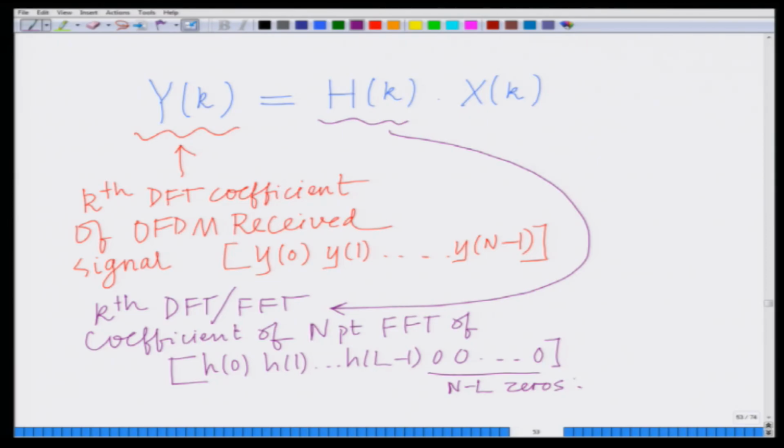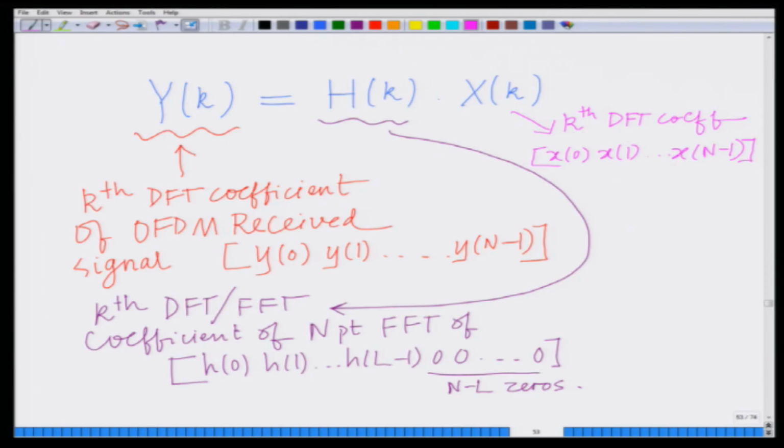This is the n point FFT of the zero padded channel coefficients, and Xk is the kth DFT coefficient of the samples x of 0, x of 1, up to x of n minus 1.